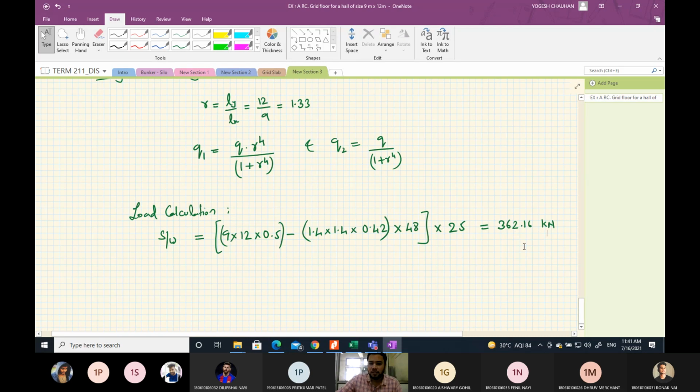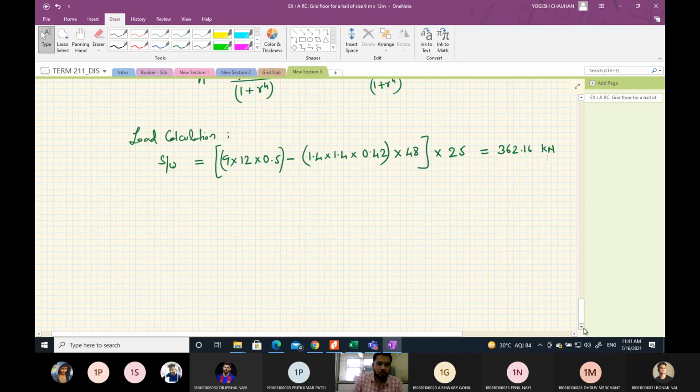Now, since we are designing the slabs for per square meter loads, we have to convert this into per square meter load. So self weight per unit area will be equal to 362.14 divided by the floor area, which is 9 by 12.